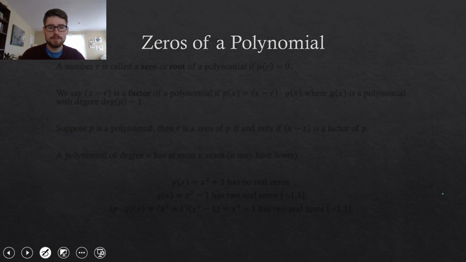Now, another term to think about with polynomials. So we've talked about the degree a bunch, and we talked about even or odd. So another feature polynomials have is that there are x values that will make the polynomial 0. Usually.